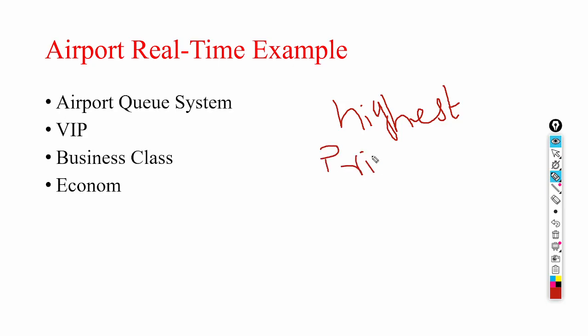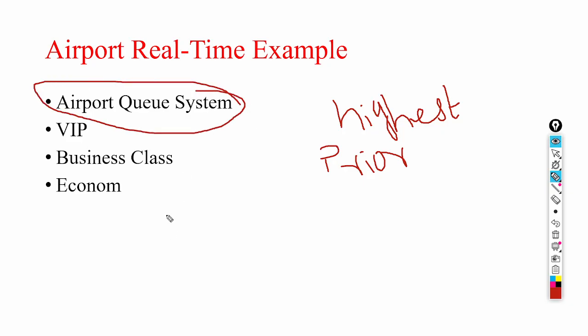Similarly, the processes are divided into multiple queues in multi-level queue scheduling. In an airport queue system there are two types, normal and VIP. The VIP gets the highest priority and normal gets the lowest priority.